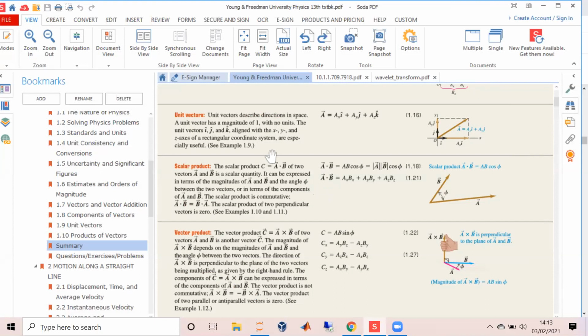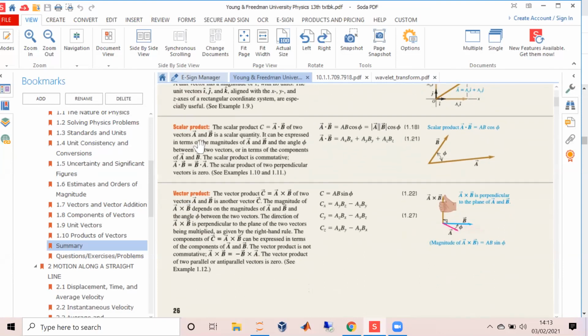Once we know how to add and subtract vectors, which is very important, we also have to know scalar products and vector products. It's important that you keep in mind the notation. The scalar product, or the dot product, is expressed with this dot.